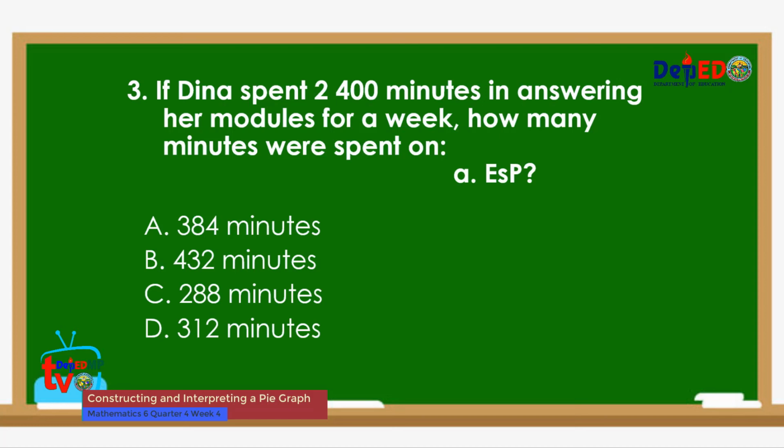Next question. If Dina spent 2,400 minutes in answering her modules for a week, how many minutes were spent on letter B. Science? A. 384 minutes, B. 432 minutes, C. 288 minutes, letter D. 312 minutes.